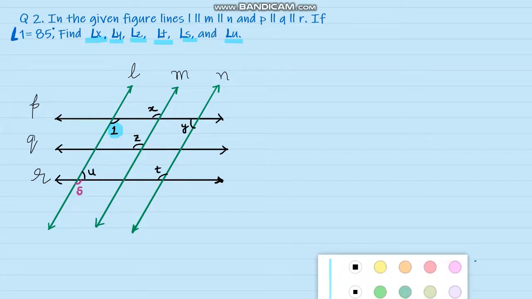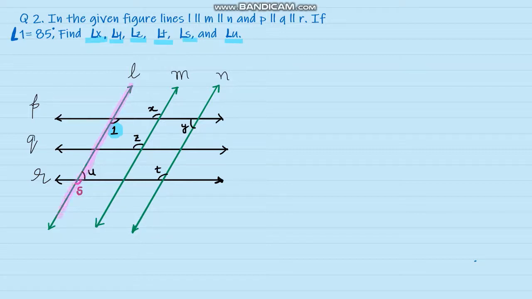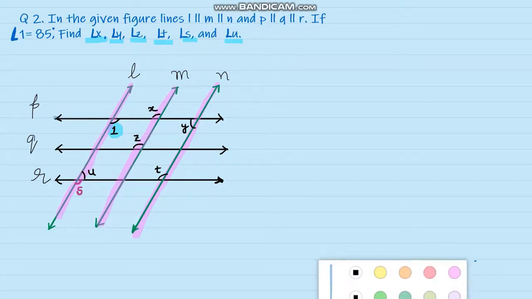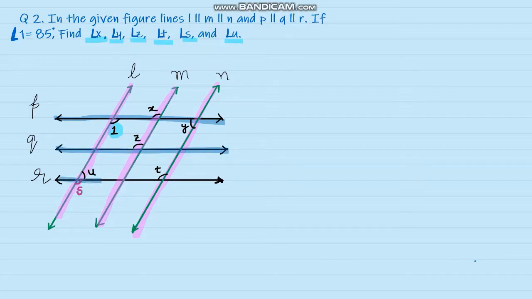Now, let us see how we can do all these things. L parallel M, if you can see properly, this is L and this is parallel to M. And then this is also parallel to N. And one more thing you have to look over here, P parallel Q parallel R. Now if you properly observe here, you'll see that this forms a parallelogram.